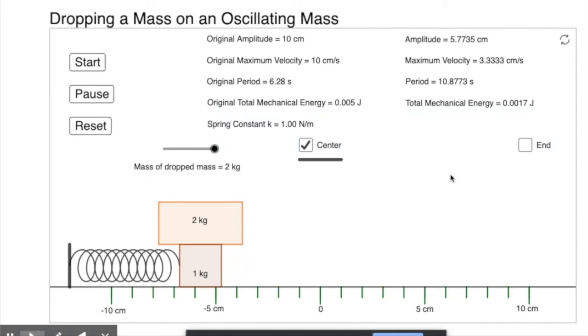So the fact that this thing is dropped when it has kinetic energy means there's kinetic energy lost, and so there's less maximum kinetic energy, and so there's less of a maximum velocity. You couple that with the fact that there's now 3 times the mass, well, it's even that much less of a maximum velocity.